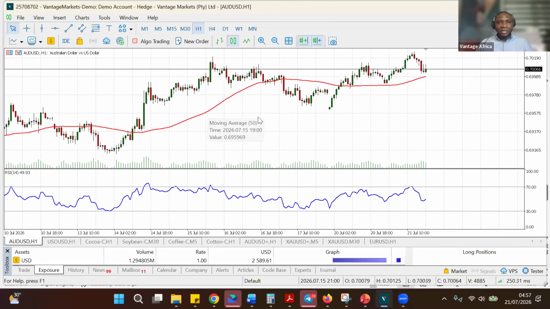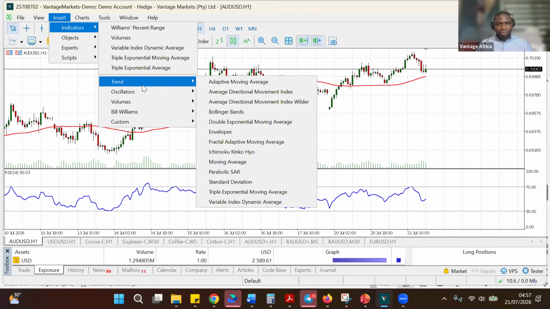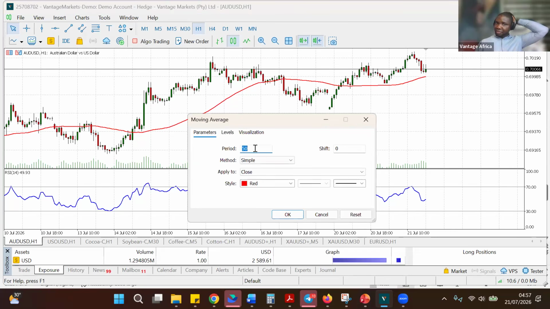So let's add another indicator to this. We'll come here again, go to insert, go to indicators, and add another moving average. This time, we'll make it a fast moving average. This 50 is a slower moving average, even though there are slower ones like 100 or 200.